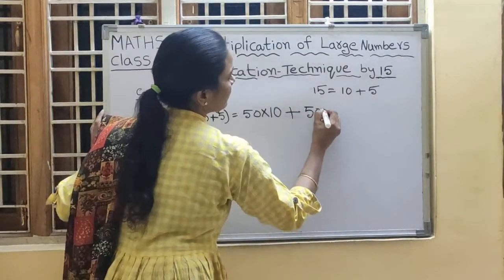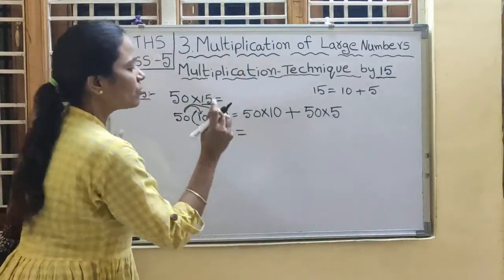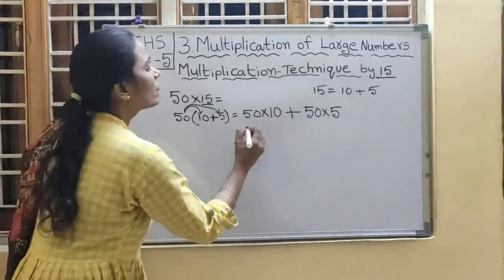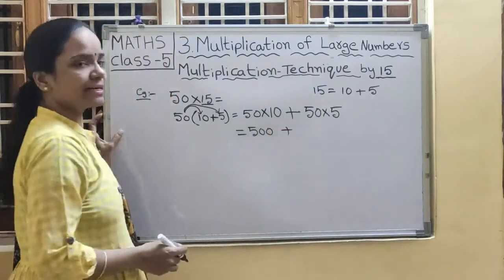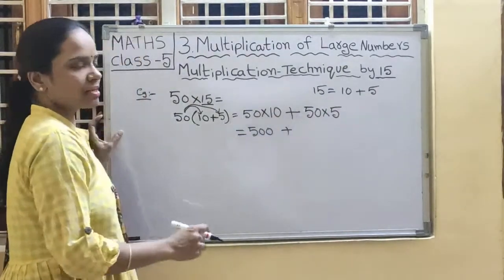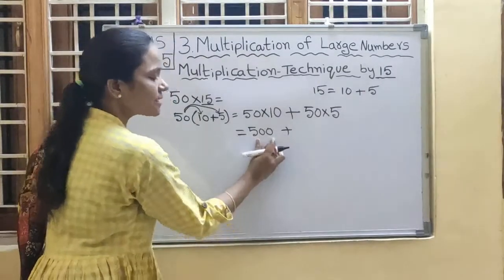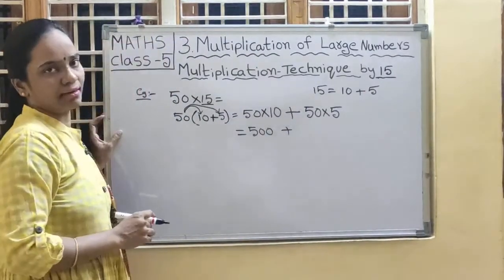50 into 5 is equal to how much? 50 into 10, how much children? 500. 50 into 10 is 500. Here we know that 5 is a half of 10. So obviously this answer is half of this answer. Okay? 5 is half of 10.